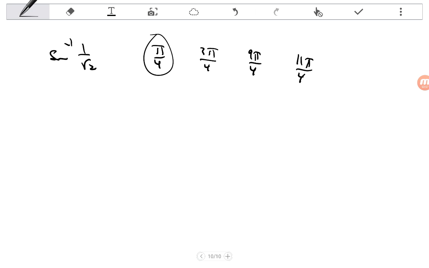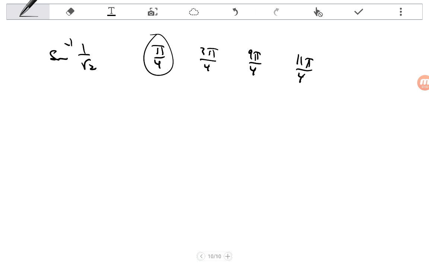Now let's check if you have understood what I've said. What is sine inverse of 1 over root 2? Is it pi over 4, 3 pi over 4, 9 pi over 4, 11 pi over 4?